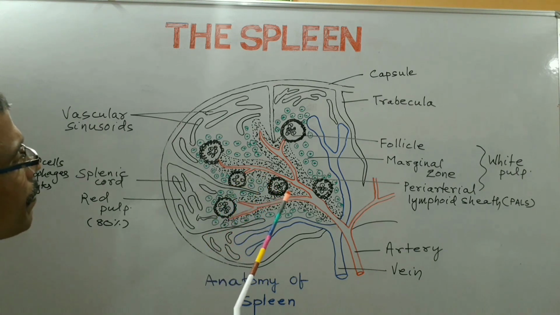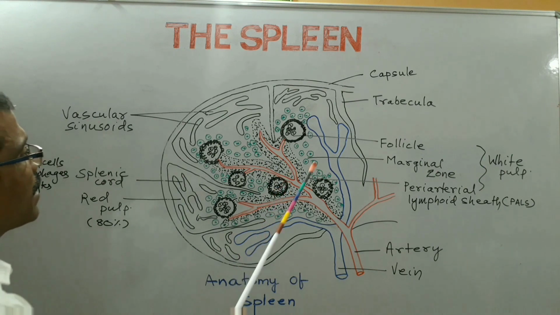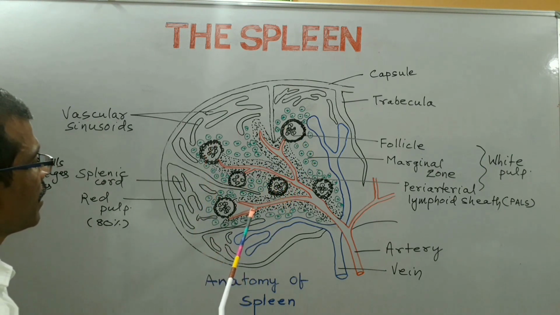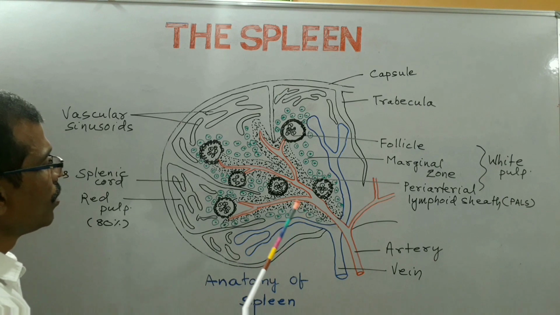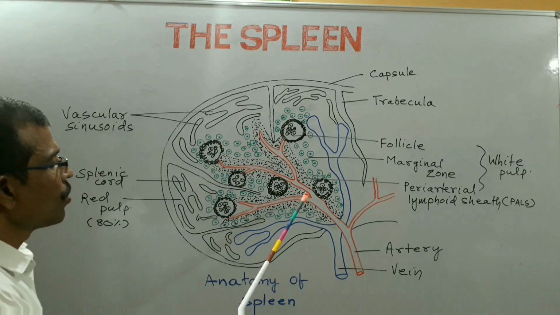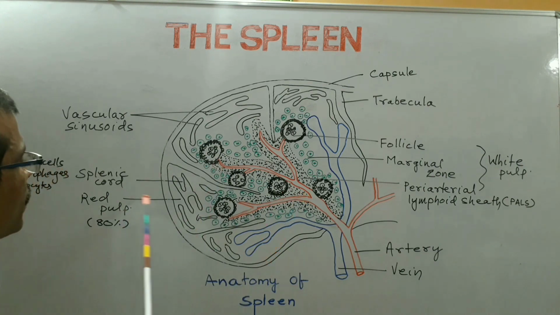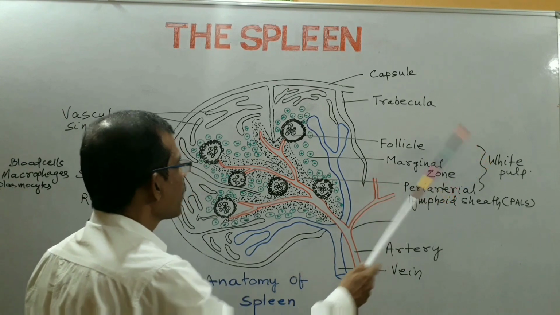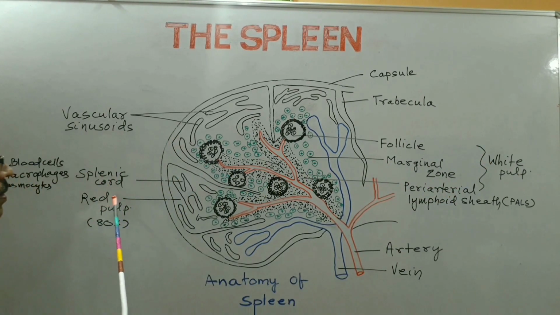Next is the parenchyma. The parenchyma of the spleen is divided into two morphologically and functionally distinct compartments known as red pulp and white pulp.